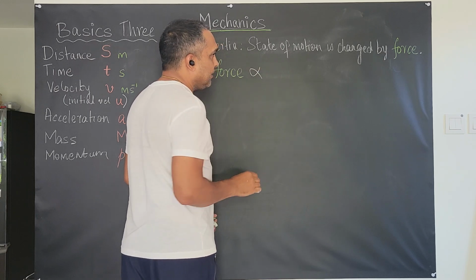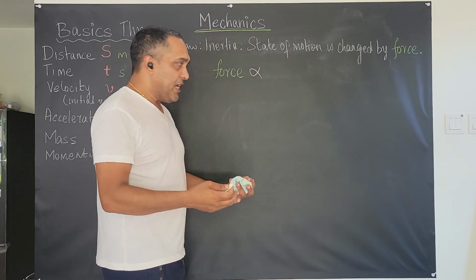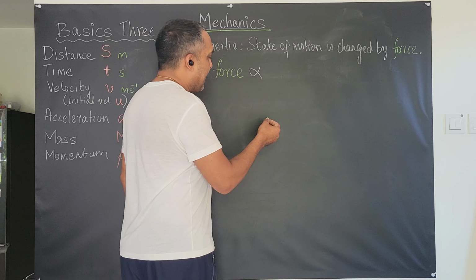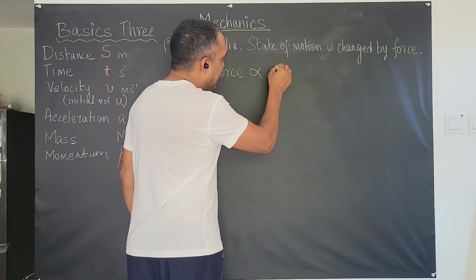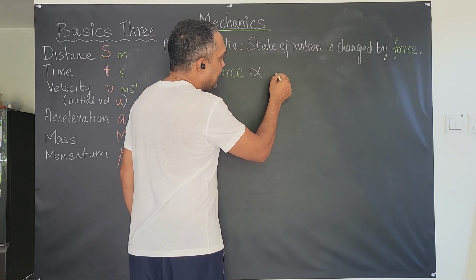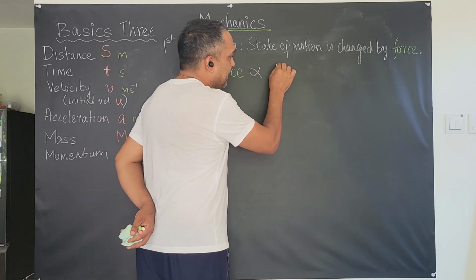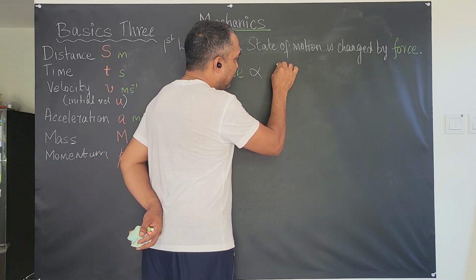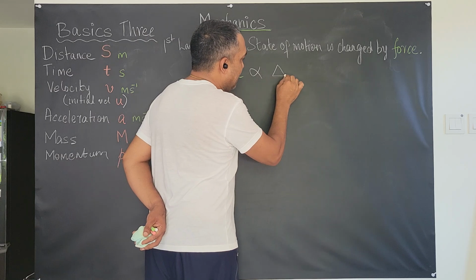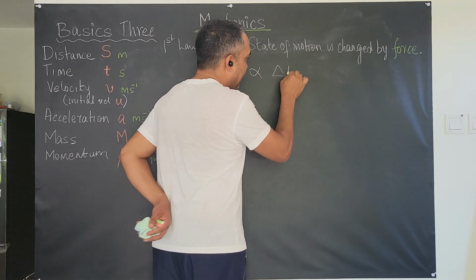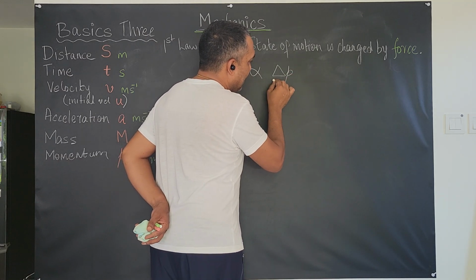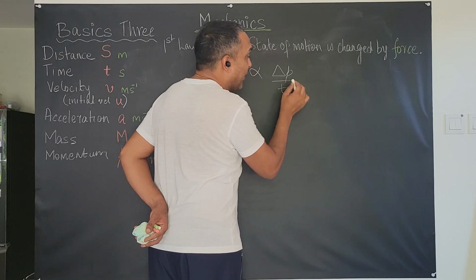proportional to change in momentum. And I'd like to state that in some way as saying, instead of writing a differential, I just state that in a very simple way, or maybe delta P over time, if you will, right?